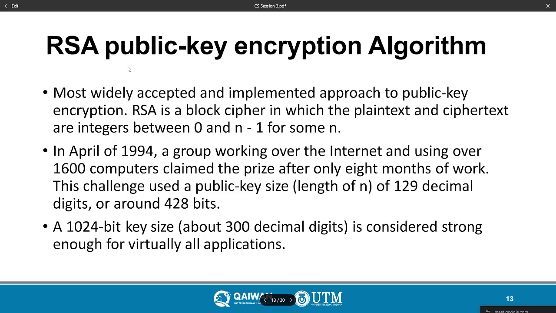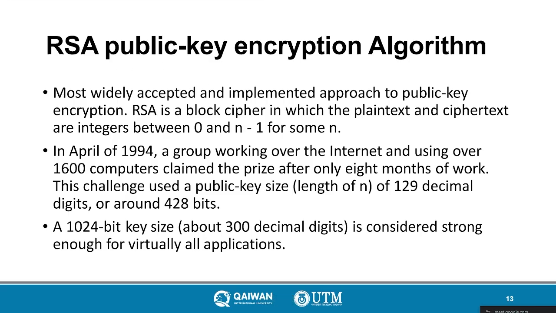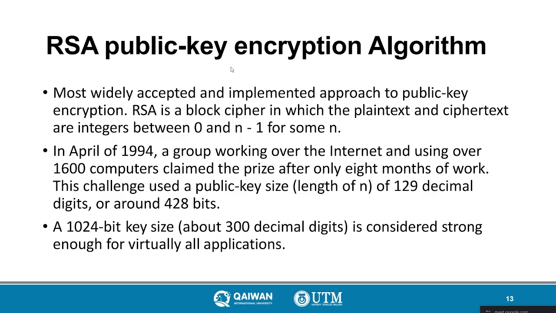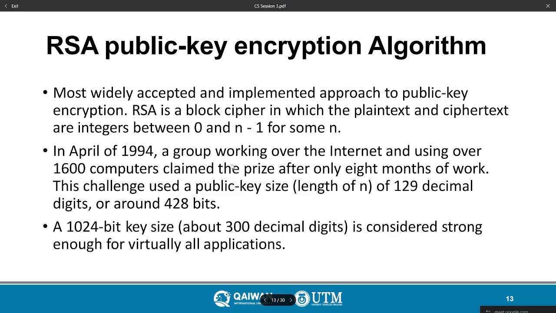However, it will take an entire block of the message. So if the message is hello world, hello would be one block and world would be another block. RSA will take hello entirely, encrypt it, and send you the ciphertext. Then world is encrypted, and it sends you the ciphertext.